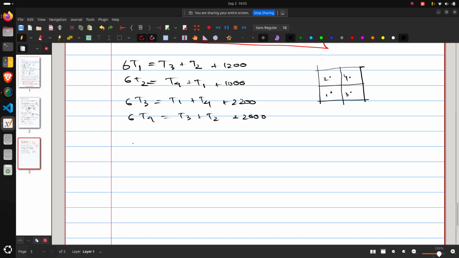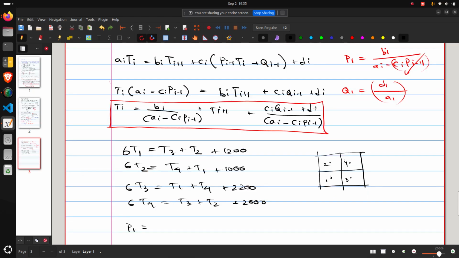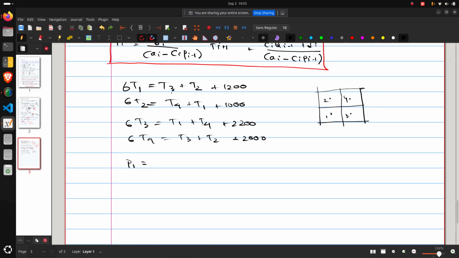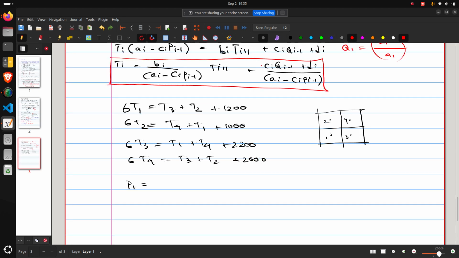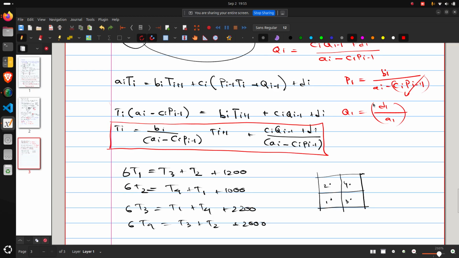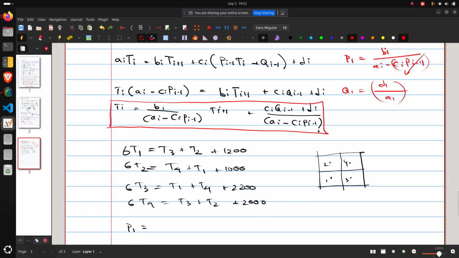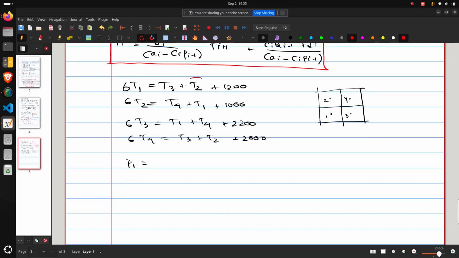Okay, so now what will be P1? P1 is nothing but B1 by A1, right? So here let me just draw all the B's. What is B? B is nothing but the i+1 neighbor. So if it's 1, this is the B. For 2, what?